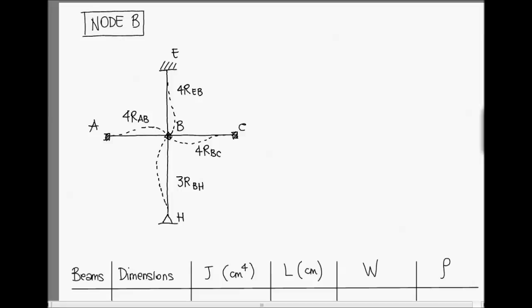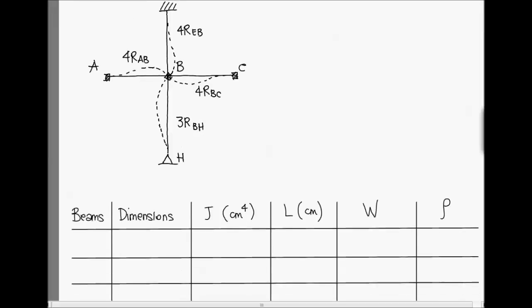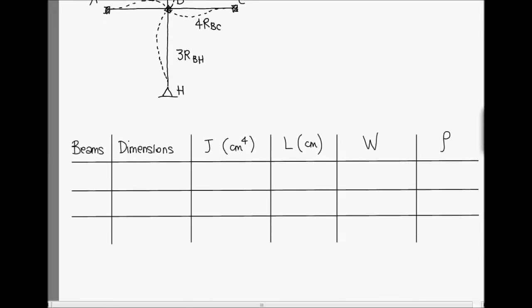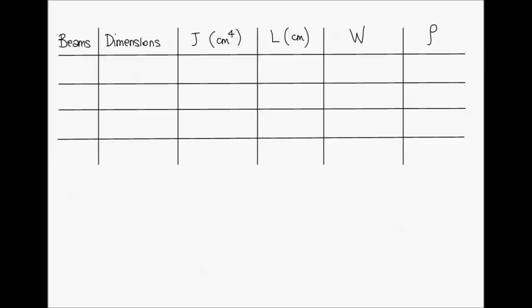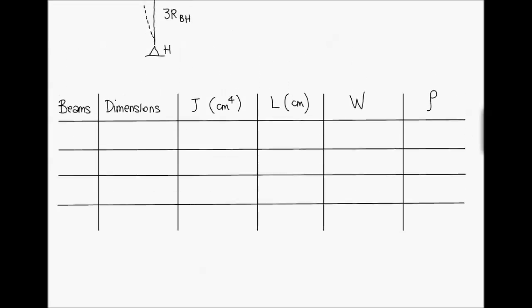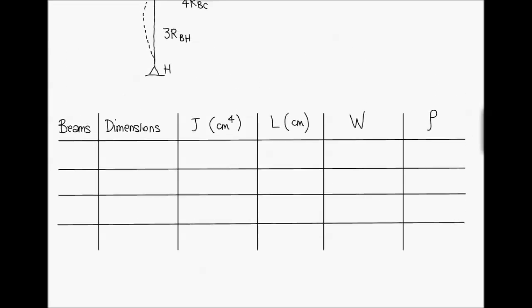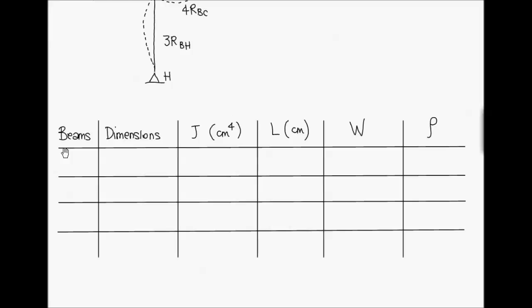So using the same table seen before for node A, we have beam AB, beam BC, beam BE, and BH.